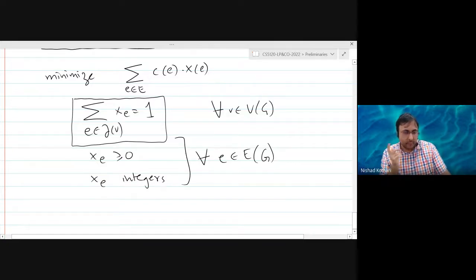So if you want to find a maximum matching with minimum cost, you have to do something more sophisticated. But let's not go into that right now. It might appear on one of your assignments. Okay, so right now we are just assuming that the graph has a perfect matching, and we want to find a perfect matching whose cost is minimum. Does that make sense?